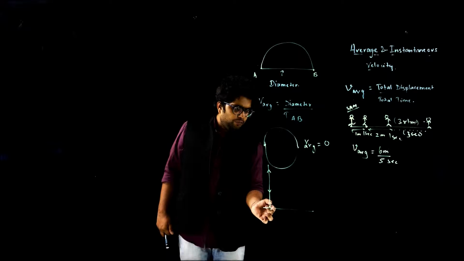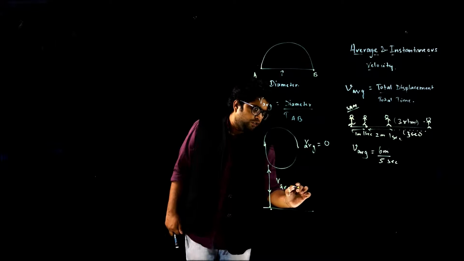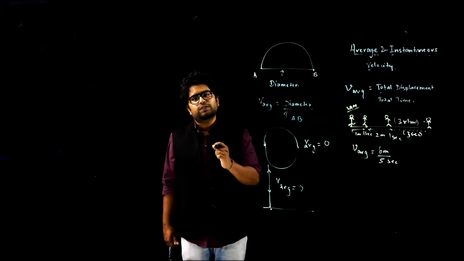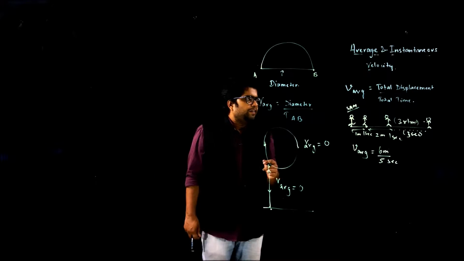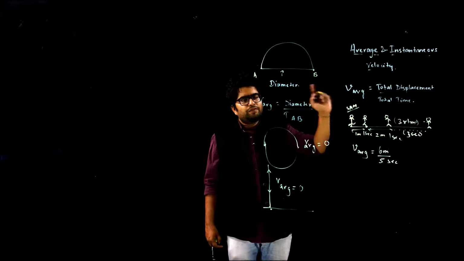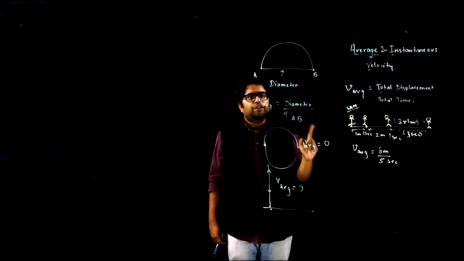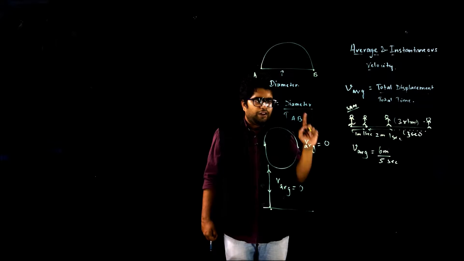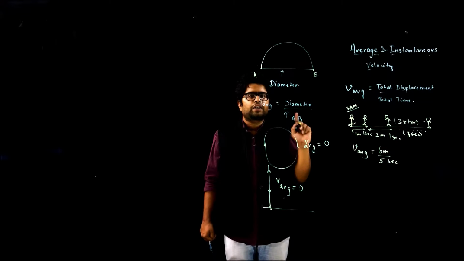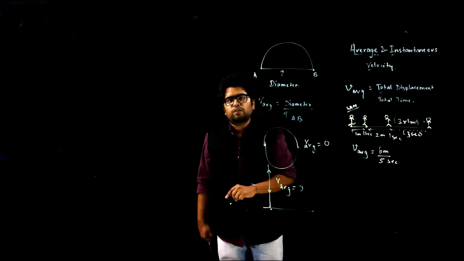Then at the end of the motion, if I ask you what the average velocity was, you will say the average velocity is 0 because the net displacement is 0. So what is average velocity? Average velocity is the total displacement or net displacement divided by the time taken. If net displacement is 0, then average velocity will be 0. If net displacement is non-zero, then average velocity will be non-zero, provided time is non-zero.